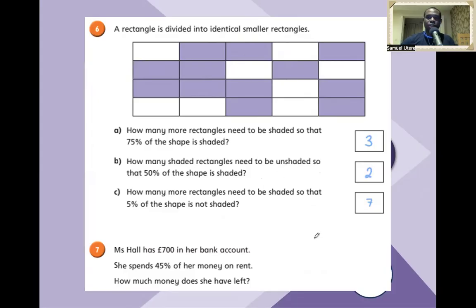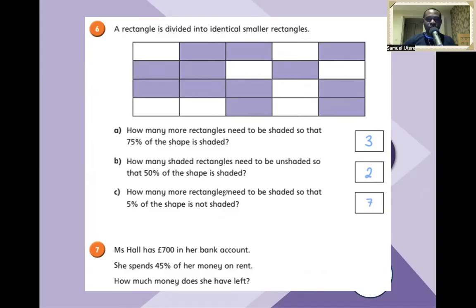For 50%, how many are shaded? 1, 2, 3, 4, 5, 6, 7, 8, 9, 10, 11, 12. But to get 50%, you only need 10 shaded because there are 20 squares. So it means we need to unshade 2.